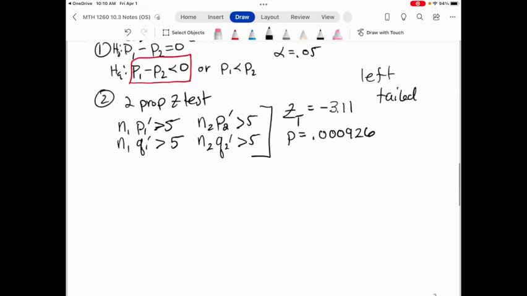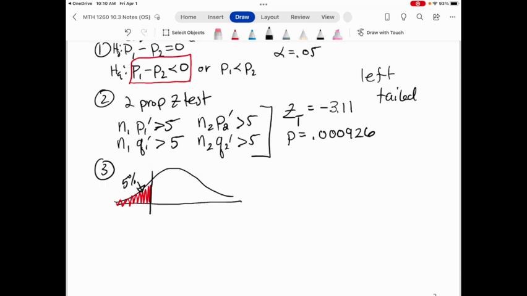So let's set up our rejection region. Left tail means we're going to have a rejection region on the left side. We want to find this cutoff point here so that there's 5% in this area under the graph.